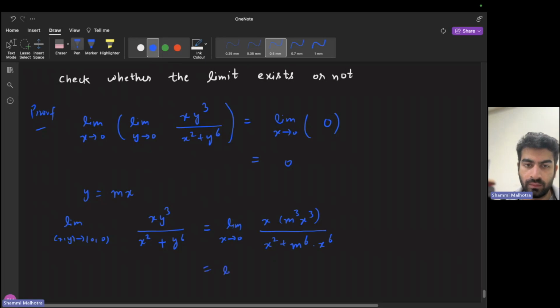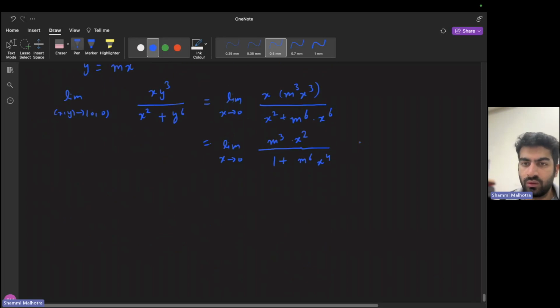I can take the x square out, so this will cancel out, leaving m cube over 1 plus m to the power 6 x to the power 4. This turns out to be equal to 0 for any m. So on the straight lines we don't have any issue, and it seems that the limit exists.